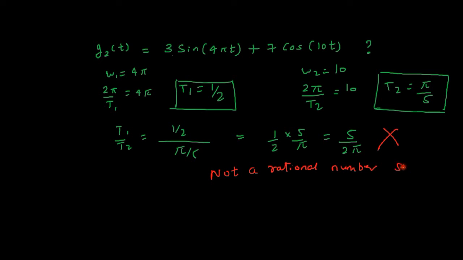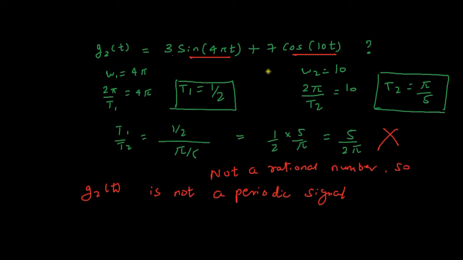So g2 of t is not a periodic signal. So even though both were periodic signals, the combination of these two is not a periodic signal.